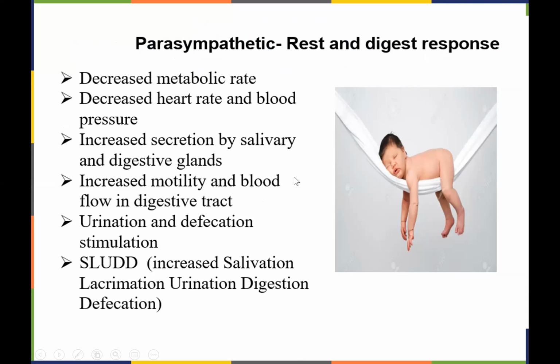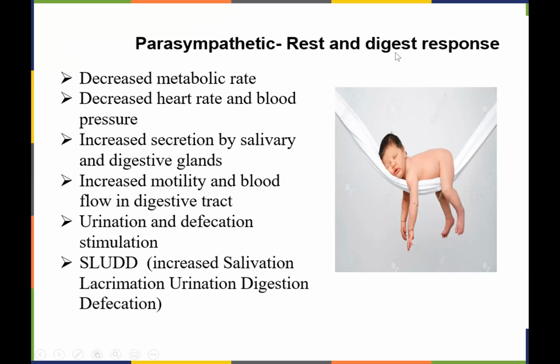The opposite of this would be the parasympathetic nervous system. So here's the baby. So this is how you feel when you've done all your work and you're going to go to bed at night. You are going to sleep, you're going to take rest, and then this is when digestion and urination happens.